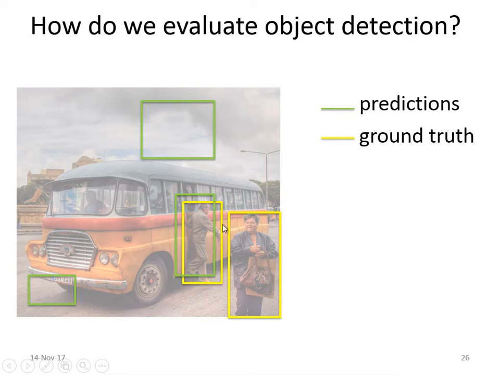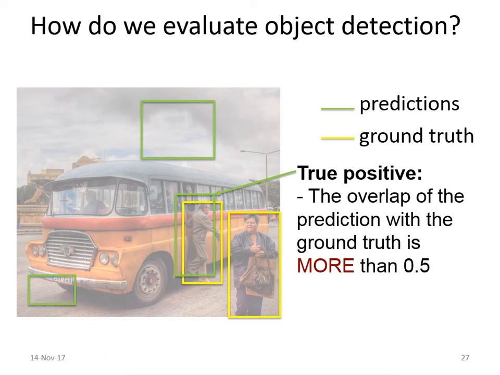So to evaluate that, we should count the true positives and false positives. In this case, for example, we can give a rule saying that whenever the detected region has more than 50% overlap with the ground truth, we say we were able to detect the person.